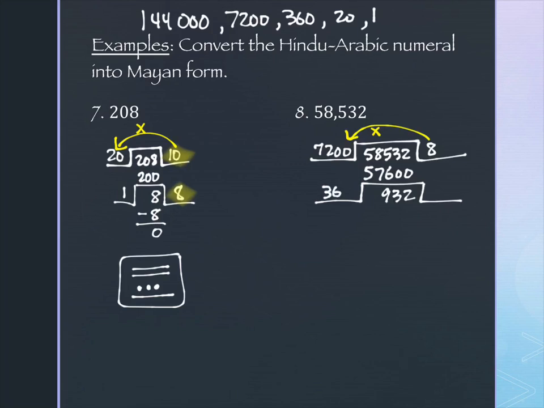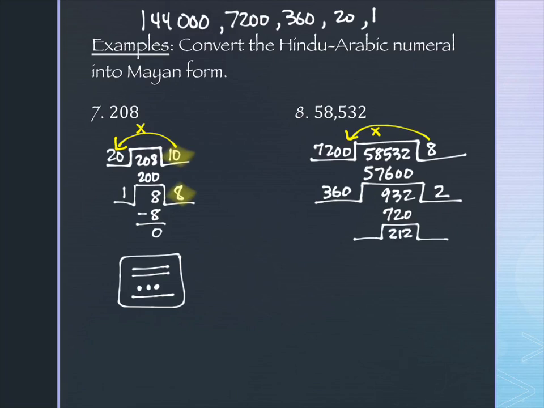360. How many times will 360 go into 932? 2 times. What is 2 times 360? 720. Mm-hmm. What do I get when I subtract that? 212 is right.